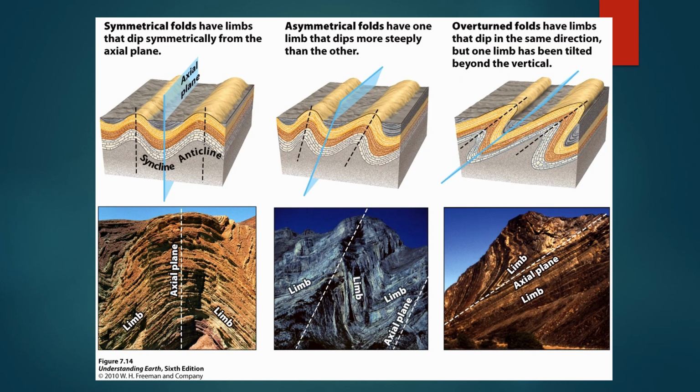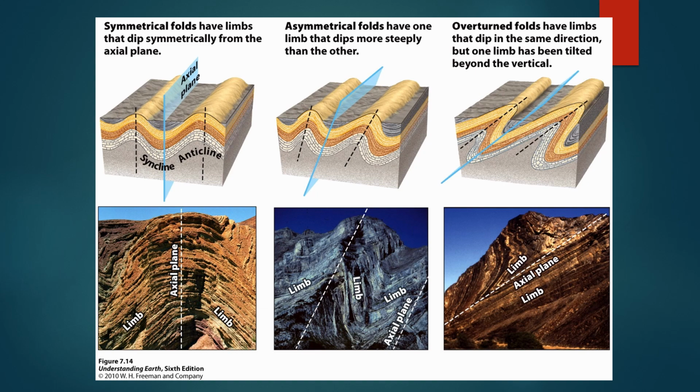With an increasing amount of deformation, the folds can be pushed into asymmetrical shapes, with one limb dipping more steeply than the other. This can also occur if the direction of the deformation forces is oblique to the layering of the beds. Such asymmetrical folds are common.